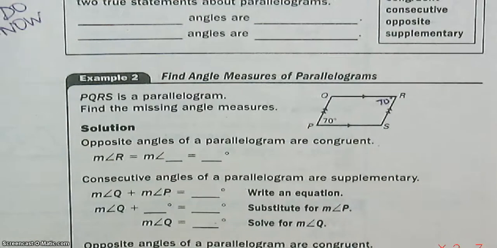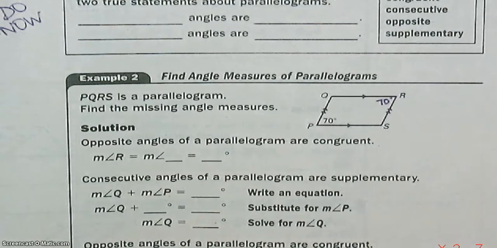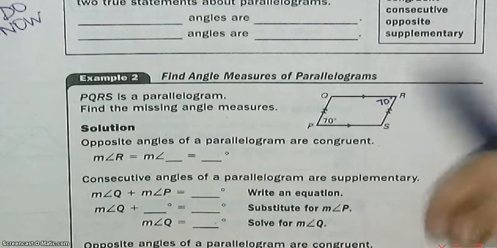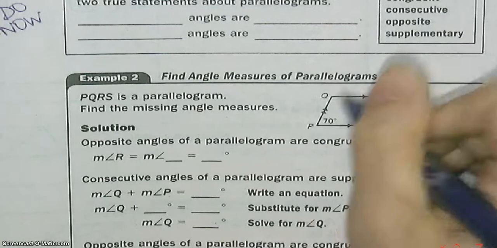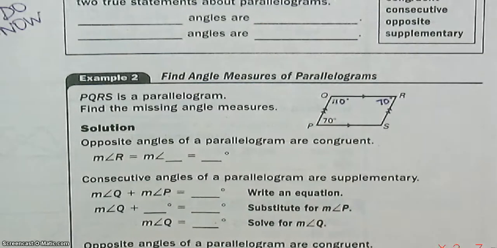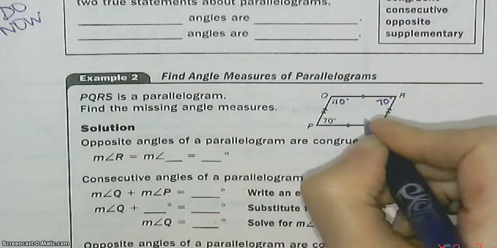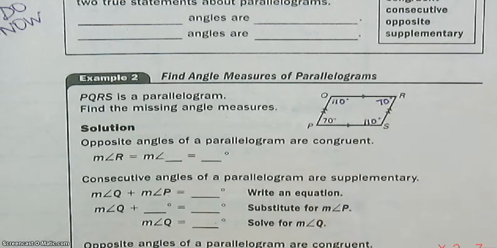So put that there. Now we have consecutive angles, angles next to each other. We just learned that consecutive angles have to equal 180. So that means I need 110 more to make 180. And opposite angles are equal, so this must be 110.